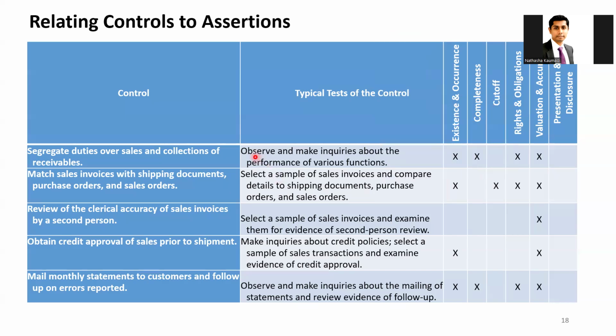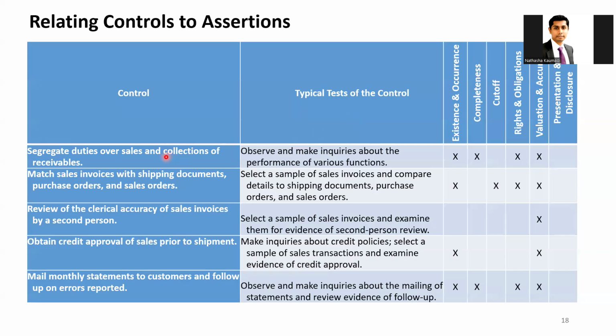Whether the client is actually entering the details by someone else or collecting the receivables by someone else. So you go and observe and then make inquiries. So that will lead to the covering of several assertions, I would say.